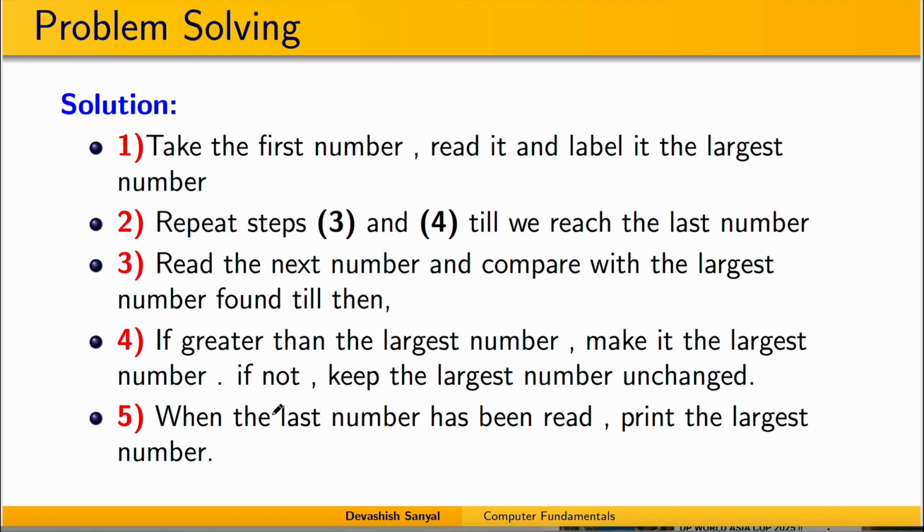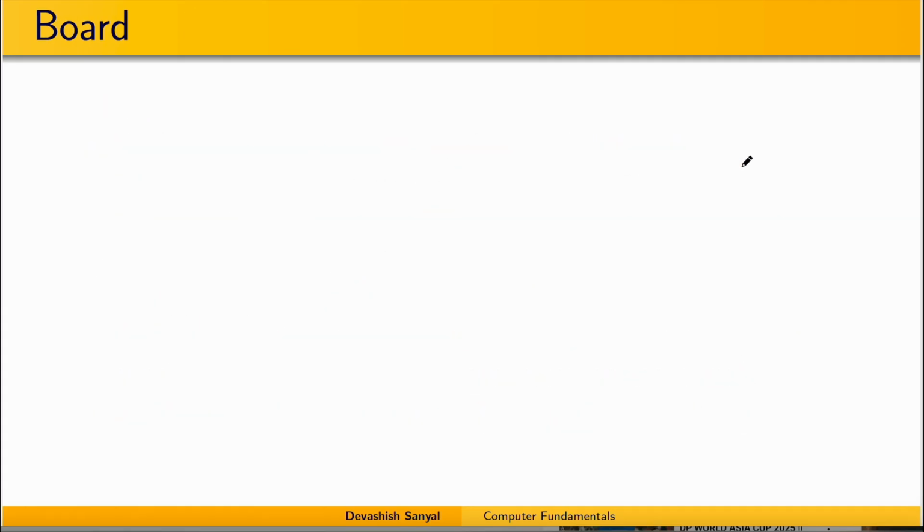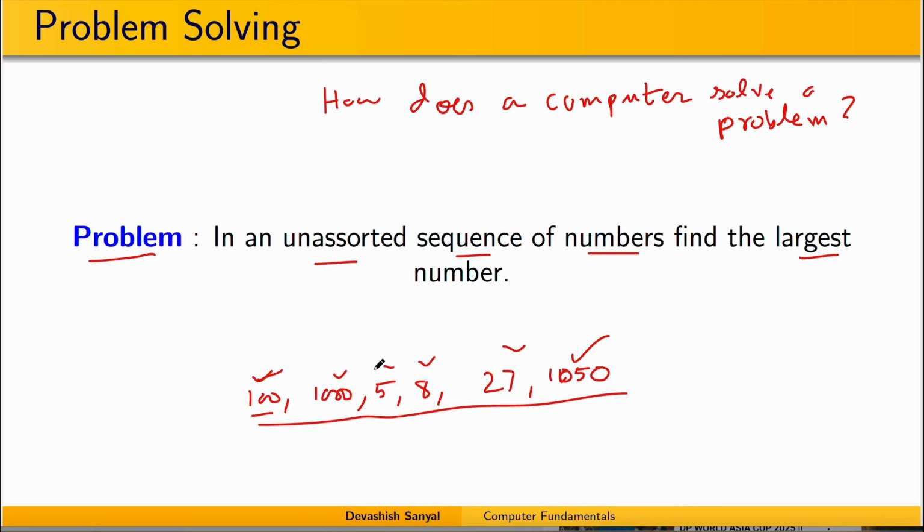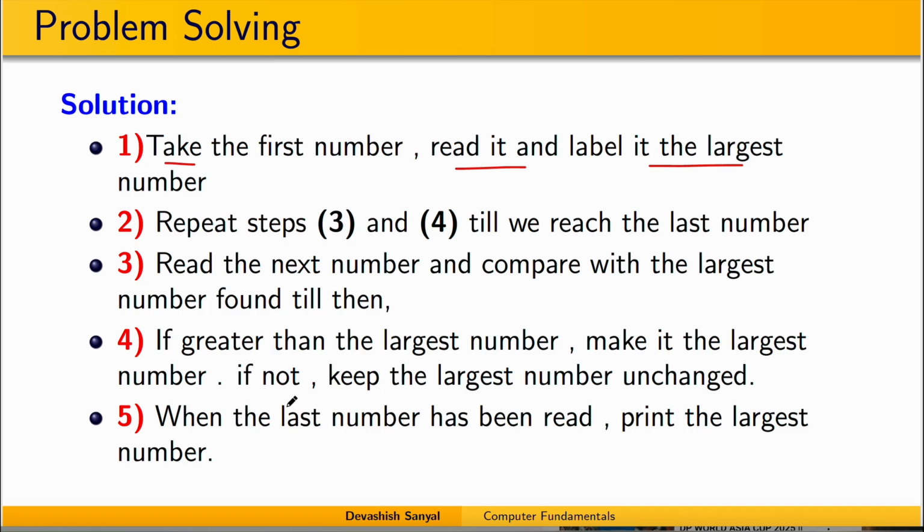So how to do it? Take the first number, read it and label it the largest number. So this is 100, so we will say 100 is the largest number. This is the first step.